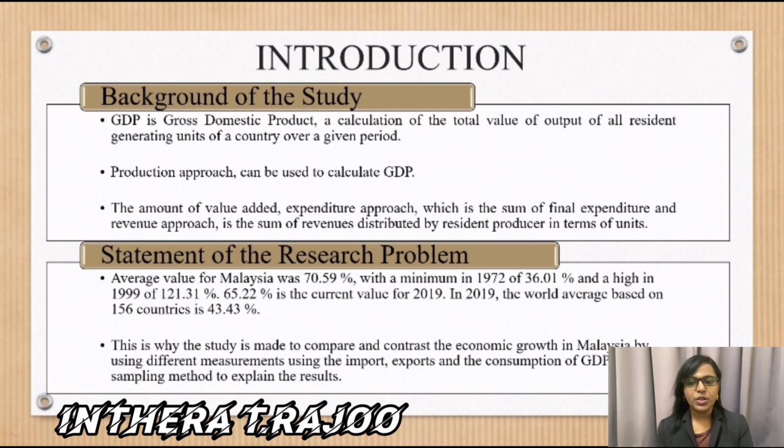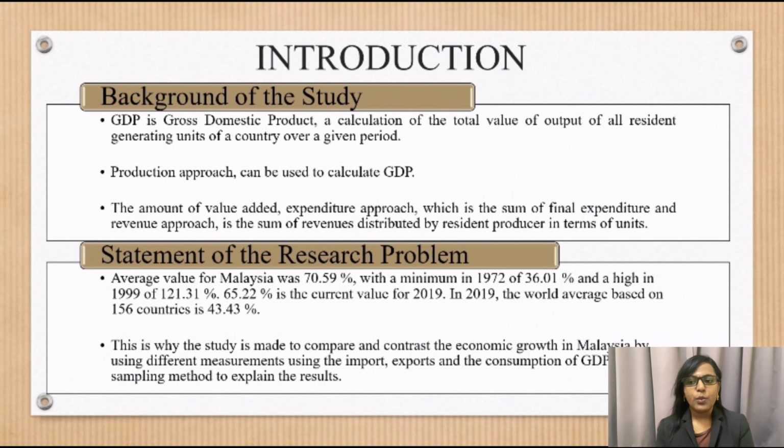Let me continue with the introduction part, which I will start with the background of the study. As you can see from the slide, GDP, which is gross domestic product, is a calculation of the total value of output of all resident generating units of a country over a given period. It is also known as consumption, which is defined as the use of goods and services by a household.